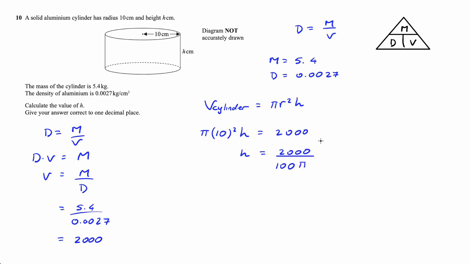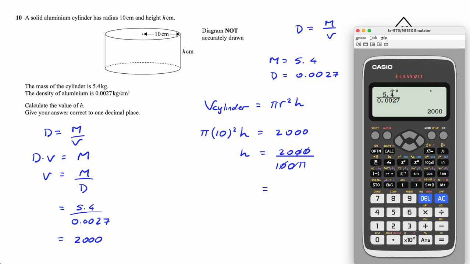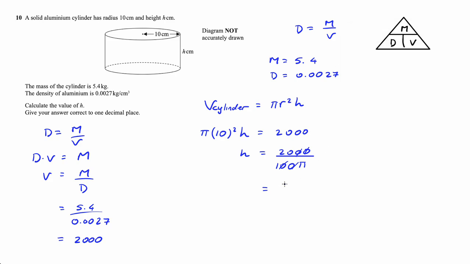These cancel, so it's literally just 20 over pi. 20 divided by pi is 6.4 to 1 decimal place, which he wants. We want height, so it's 6.4.